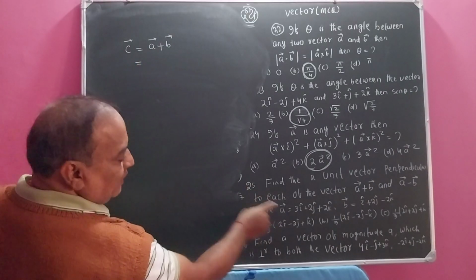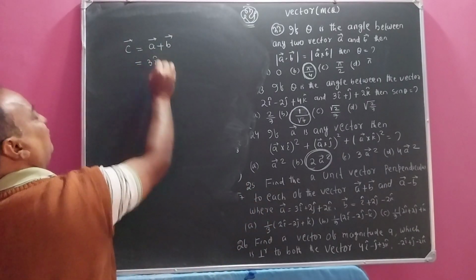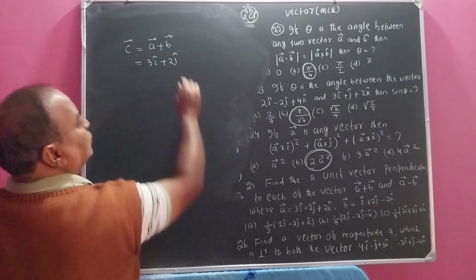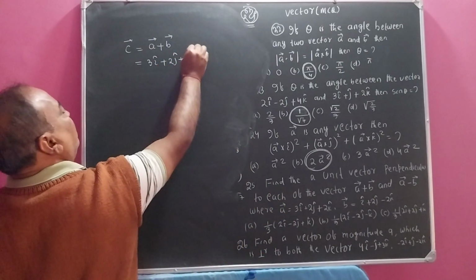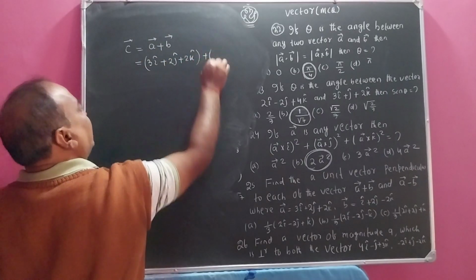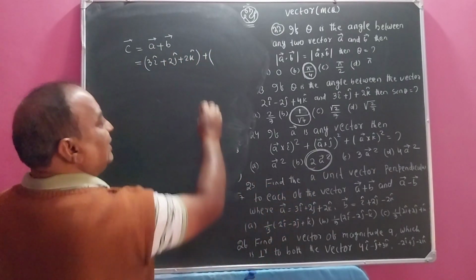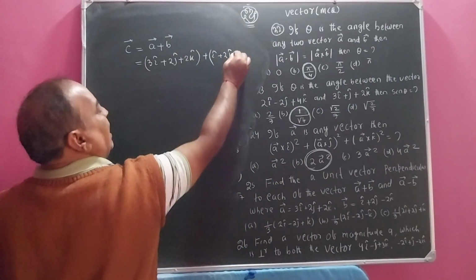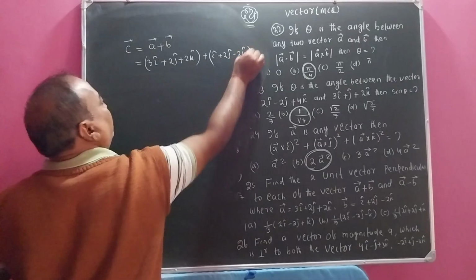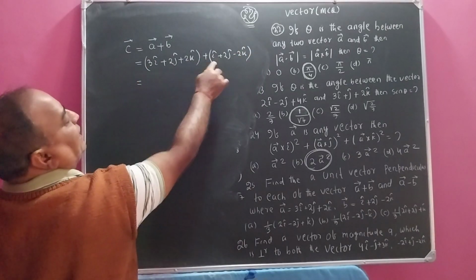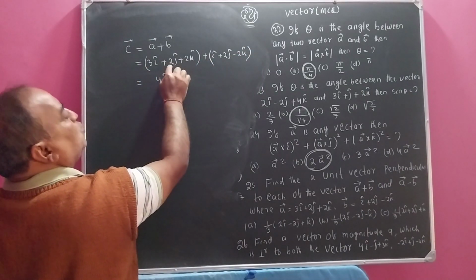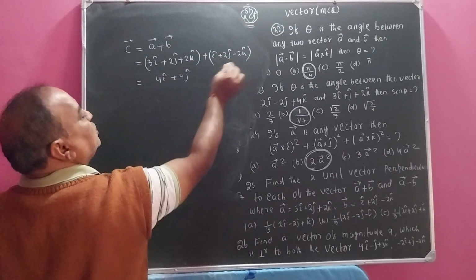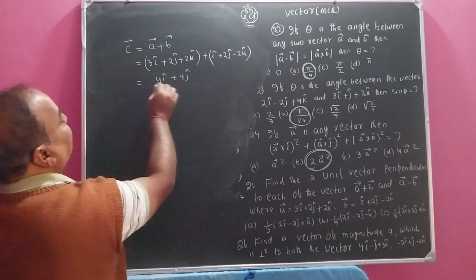A vector is given as 3i cap plus 2j cap plus 2k cap, plus b vector is given as i cap plus 2j cap minus 2k cap. Here 3i cap plus i cap is 4i cap, 2j cap plus 2j cap is 4j cap, 2k cap minus 2k cap is 0. So that is the c vector.